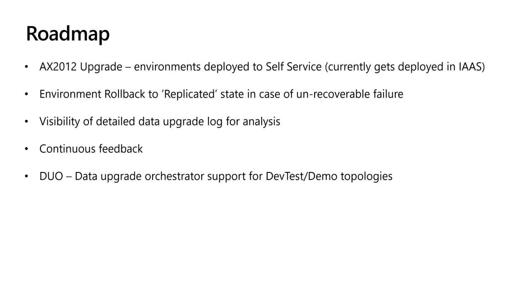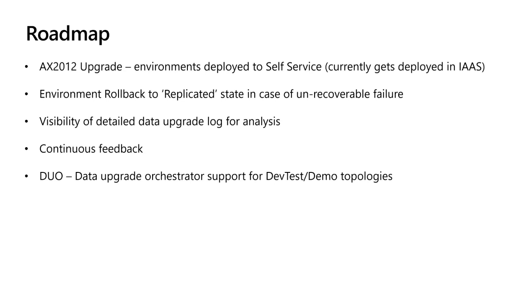Now, some of the roadmap items, what we plan to bring. Currently, if your LCS project is set up as AX2012 upgrade, we typically deploy your environment in Microsoft managed or IaaS infrastructure. Going forward, once we GA, you will notice that environment gets deployed into self-service environment, right? Then we are also planning to bring rollback capabilities to replicated status in case of any unrecoverable failure.